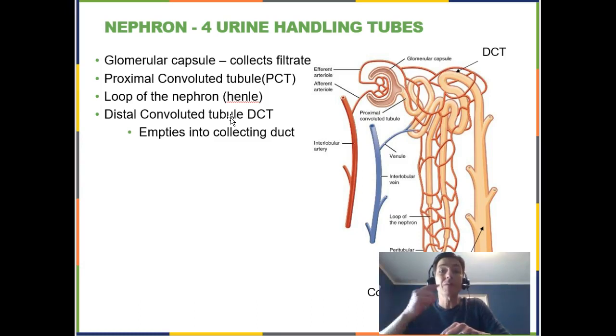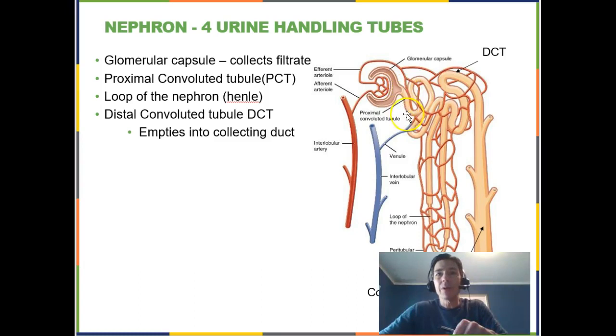There are three different parts to the nephron, or three different kinds of tubules. You start here with the glomerular capsule. This is going to collect fluid that leaks out of these blood vessels here.